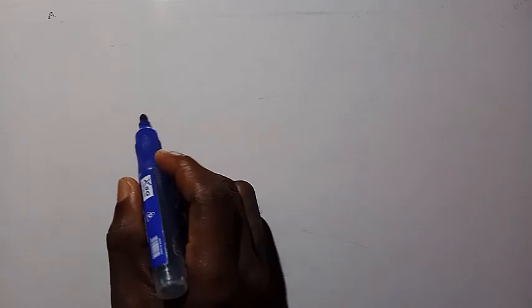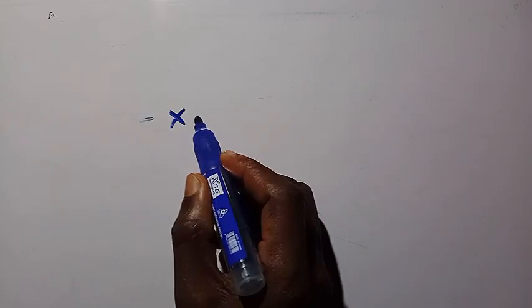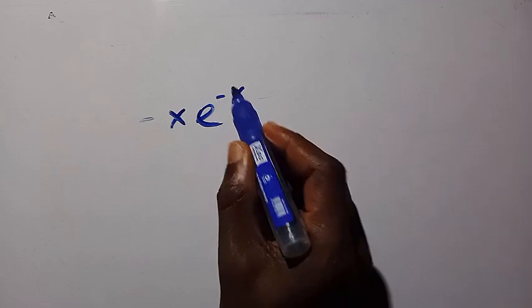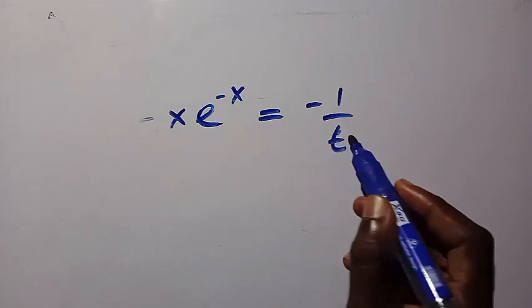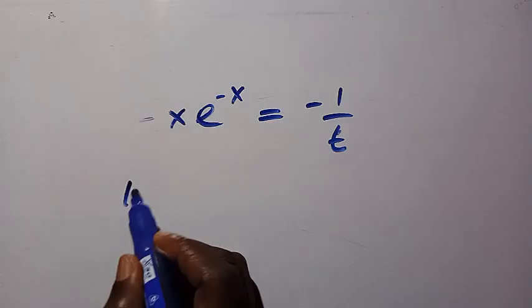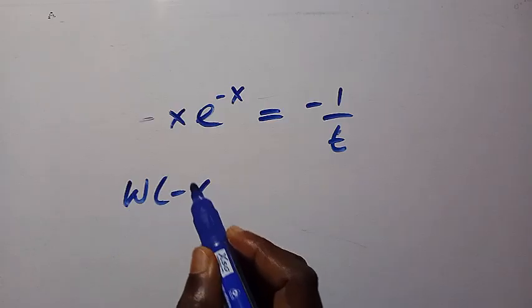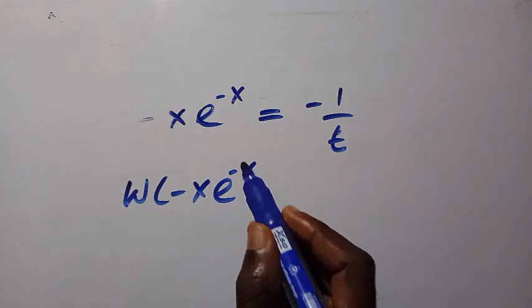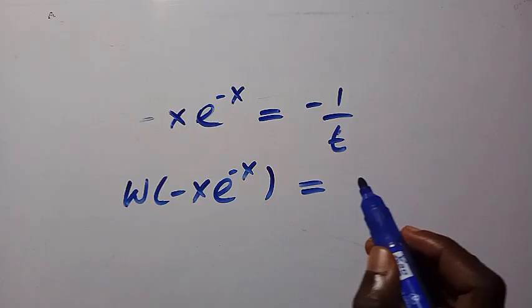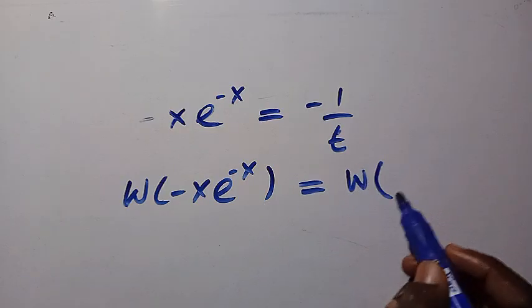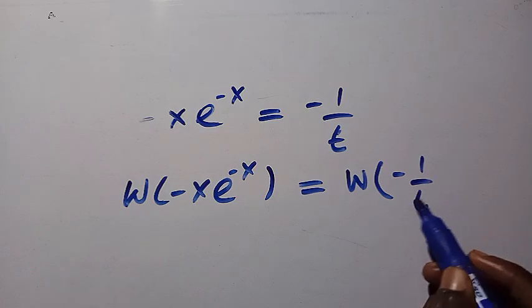When we introduce the template, we have minus x e raised to the power of minus x equals minus 1 divided by t. Then W of minus x e raised to the power of minus x equals the W of minus 1 over t.